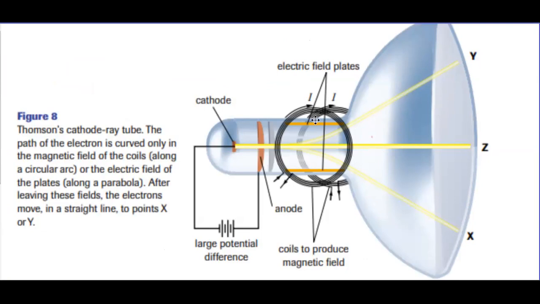So here are the plates up and down, and you're controlling essentially the current that's going through all of these charged plates and these coils to manipulate electrons going through. And the electrons will either curve up or curve down depending on what current signals are sent through these loops to induce a magnetic field, and that'll basically determine where the electrons hit on your screen. And that's essentially how old televisions were made.